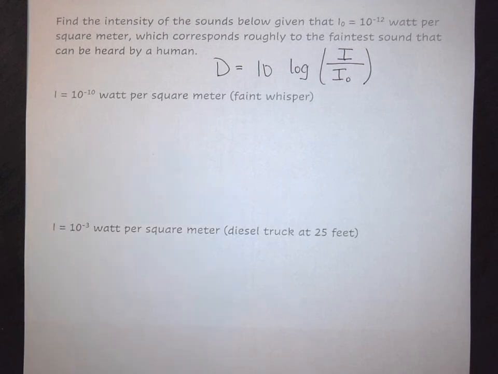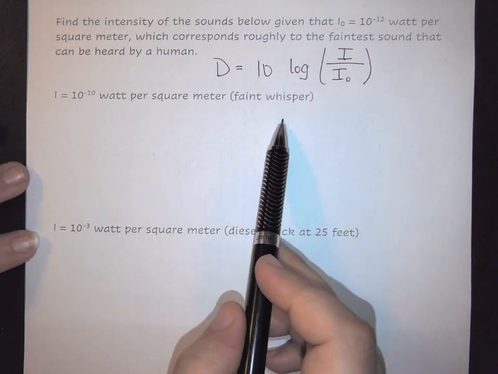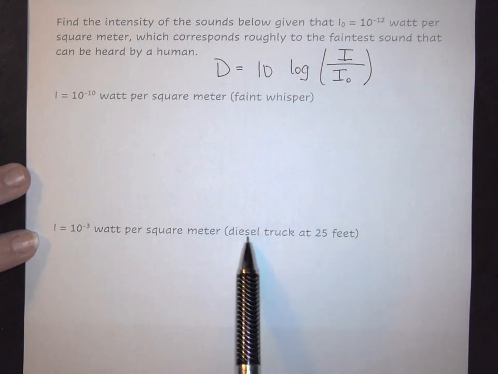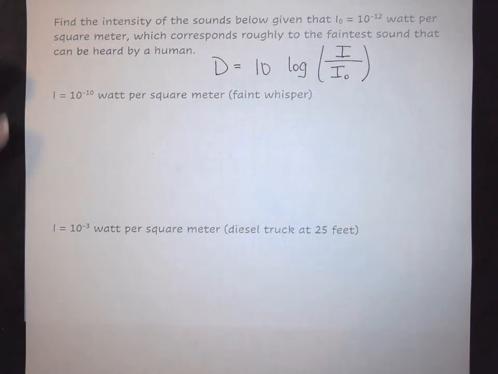Okay, so if you think about a plane flying overhead, or a car backfiring, or a truck, or a bike slamming on their brakes, a dog barking, somebody shouting, the TV going off, all of those different things have different sound intensities, and we all hear them at different intensity levels. So here we're going to find out what the actual decibel is for a faint whisper and for a diesel truck that's 25 feet away. Okay, so let's start with the faint whisper.